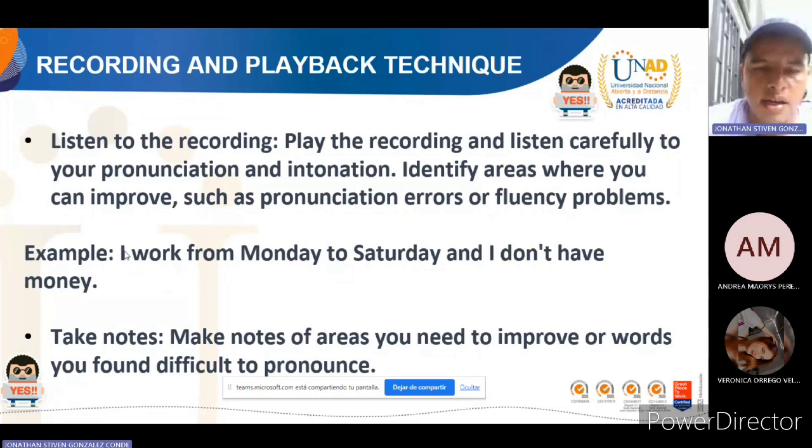Okay, in this case, you need to listen to the recording, and then I could identify that I have a little mistake in the word Saturday. It's not Saturday, it's Saturday. Okay, and another mistake is in the word money. Is money. Okay, this is the step.